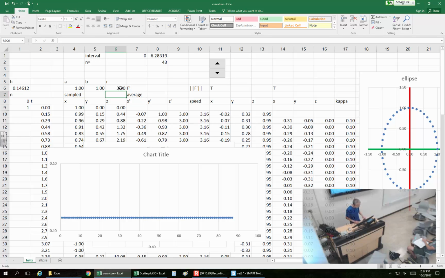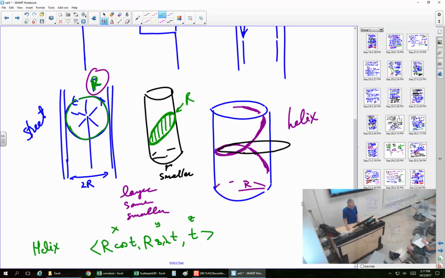Let me give you the formula. I'm not going to derive it, but here is the formula for the curvature of the standard helix. What we had seems to be a half, but there is a more general formula.